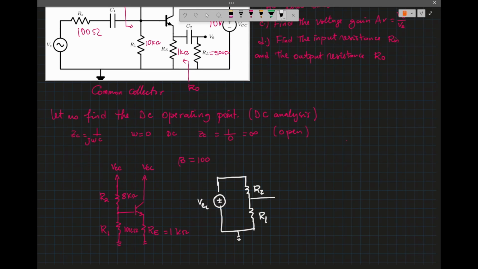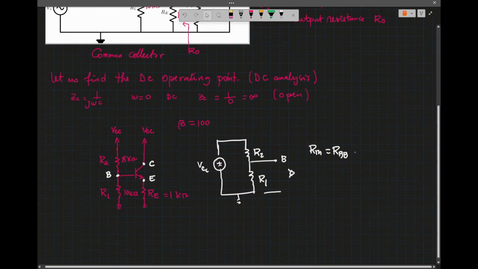Now this is the base, the collector, and the emitter. So looking at this base, we can find the terminal resistance at the base. So RTH, which I'll call RBB.